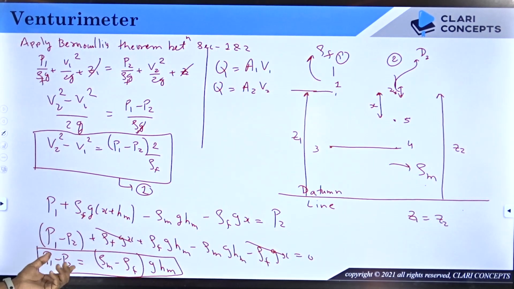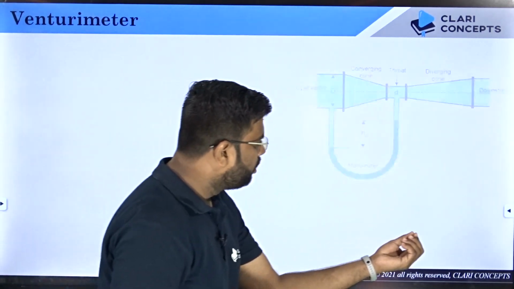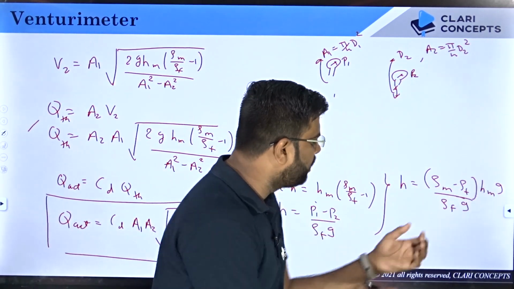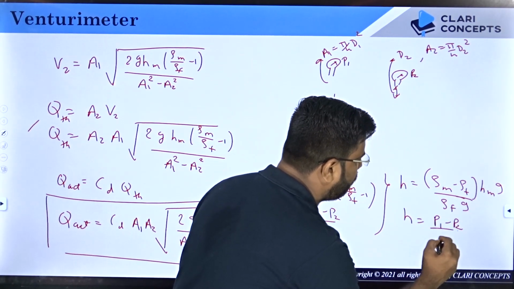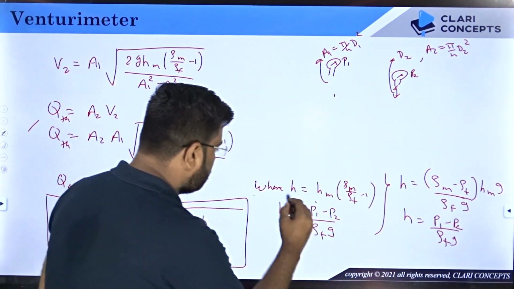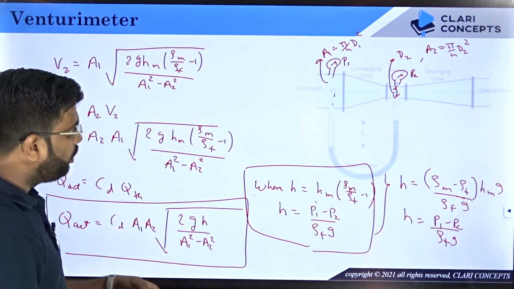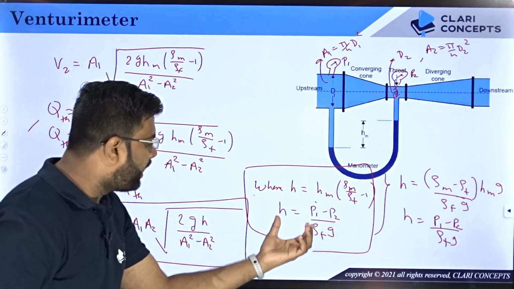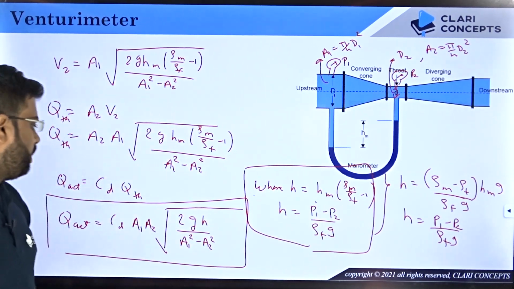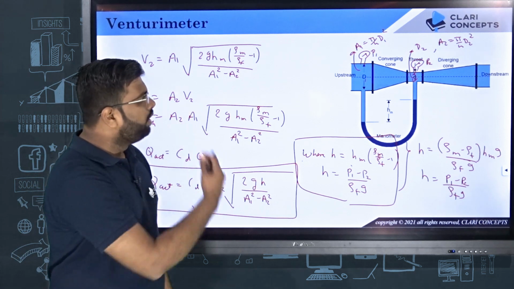You might have got P1 minus P2 as rho m minus rho f into g HM. So the numerator becomes P1 minus P2 and the denominator is as it is, rho f g. So therefore this is fine, and you can use both of these. When a manometer is given to you, you can use H as this. When pressure gauges are given to you, you can use H as P1 minus P2 by rho f g. So this is the final formula through which you can find the flow rate of the Venturimeter.